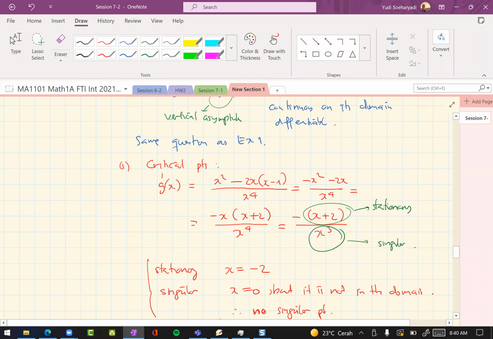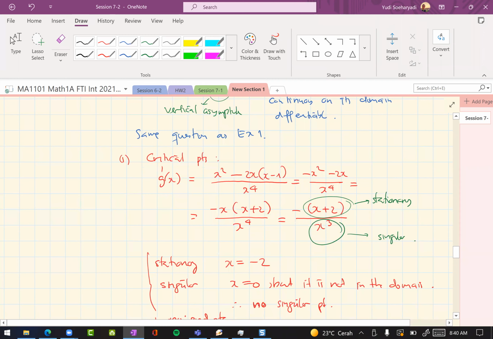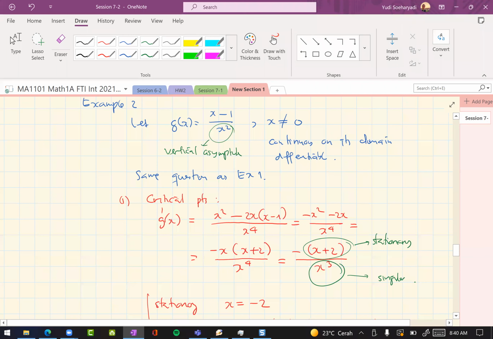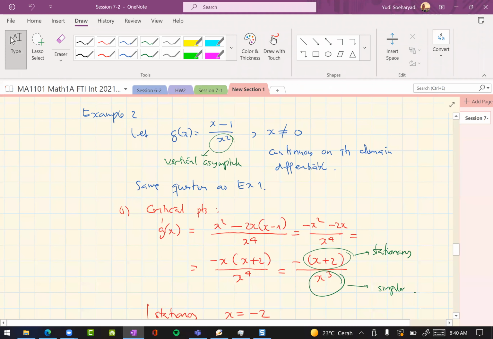Okay, so this problem here, but now we find the concavity intervals of concave up and concave down. So let's see what we need further.